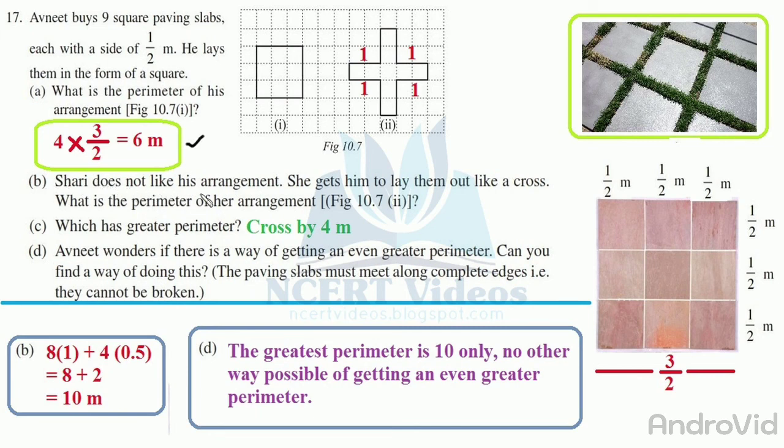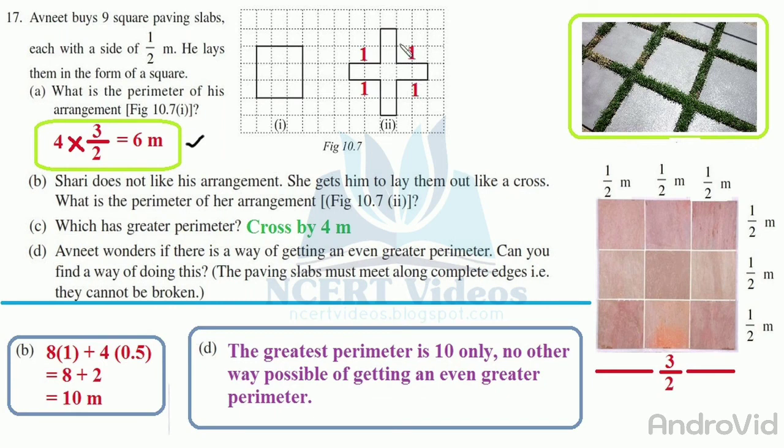Now Shari's arrangement. How she laid in the form of a cross. So you can see, if you take these two paving slabs, now half plus half is what? 1. Then its perimeter is 1 in this case, therefore 1 is written.